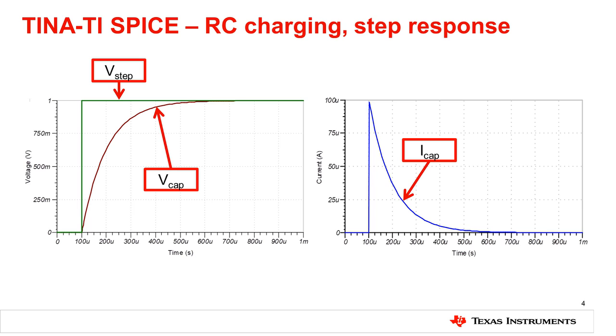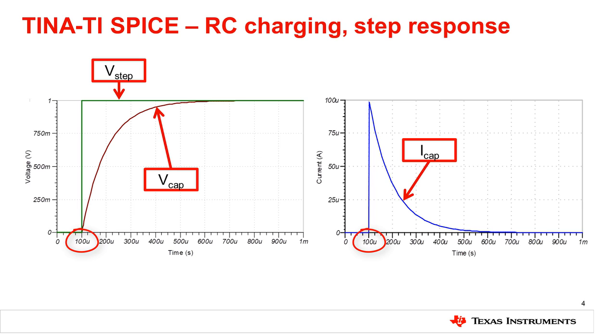These plots were obtained through a TINA-TI transient analysis. Note that at time 100 microseconds, a sudden step voltage is applied. This causes the voltage across the capacitor to rise exponentially from its initial voltage of 0 volts and asymptotically approach the final voltage of 1 volt, as predicted by the step response equation.